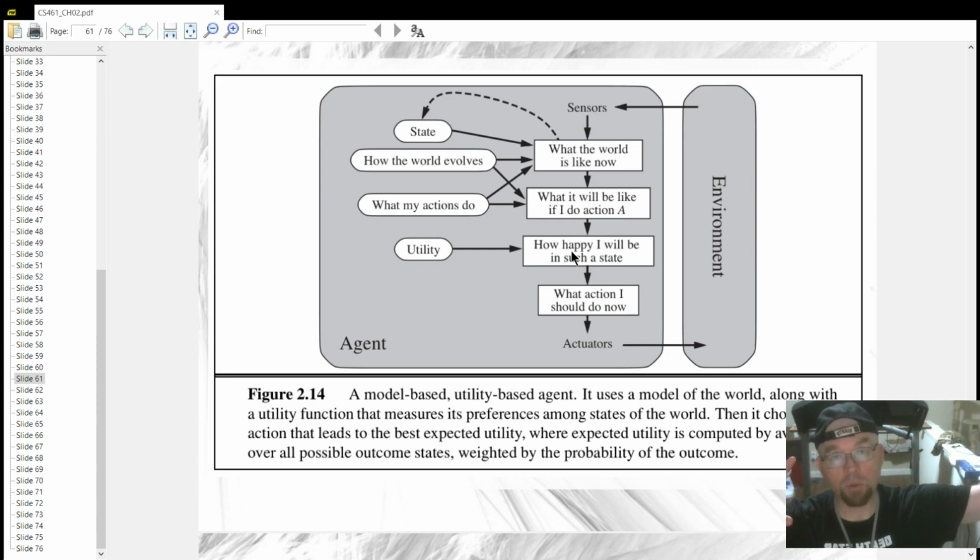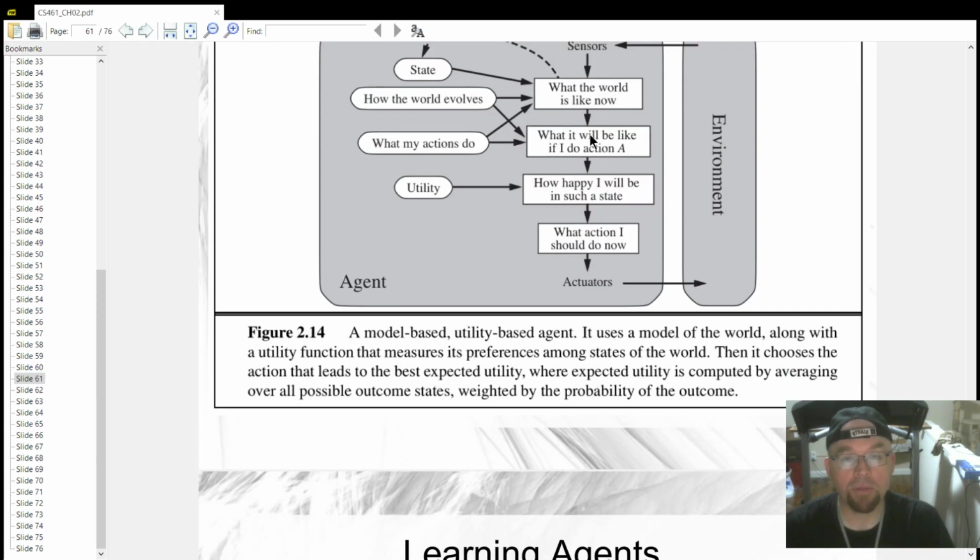What's its utility? And then that can drive what action I should do at this point. And then you can do that for all the different types of actions that are possible from that state that the agent found itself in.